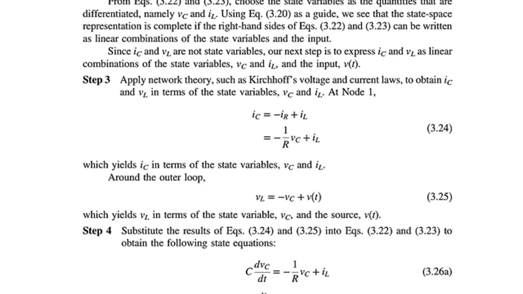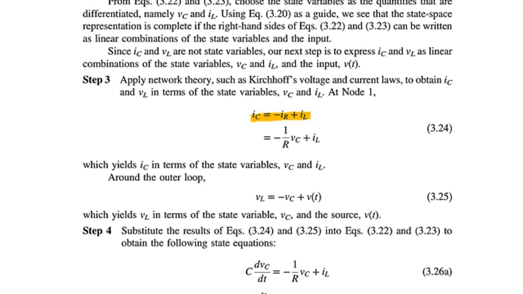Dear students, now we will apply KCL and KVL to complete our state equations model. Now if we apply Kirchhoff's current law at node 1, we obtain that current through the inductor is equal to current through the resistor plus current through the capacitor.